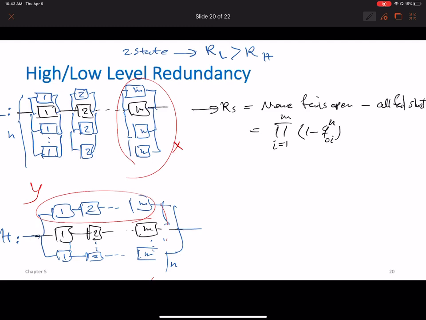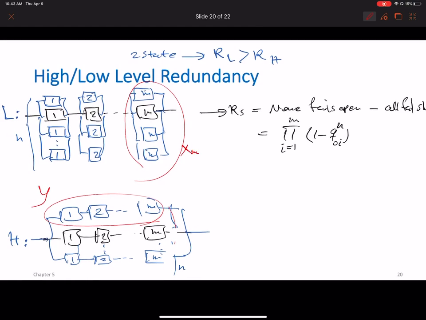And I want none of the X's to fail open.